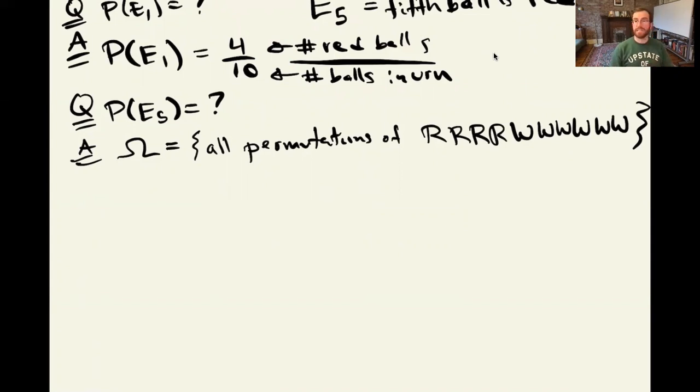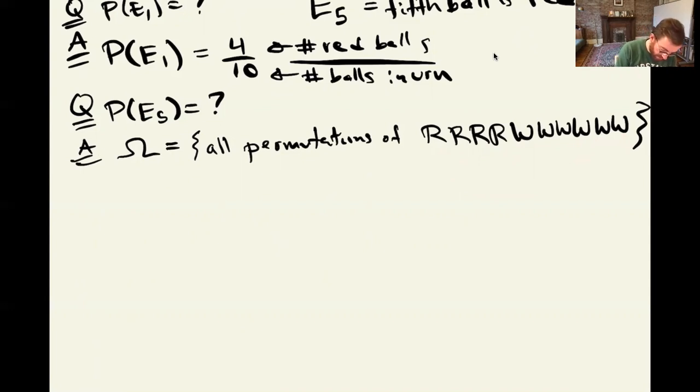Now, what's the size of omega? Meaning, again, we could have a world in which we draw a white ball, then a red ball, then another white ball, then another red ball, then another 2 red, and then whites. So by considering all possible permutations of this, we get to model our sample space here, which is the space of all possible outcomes.